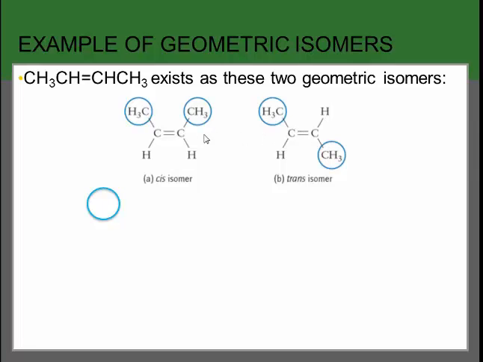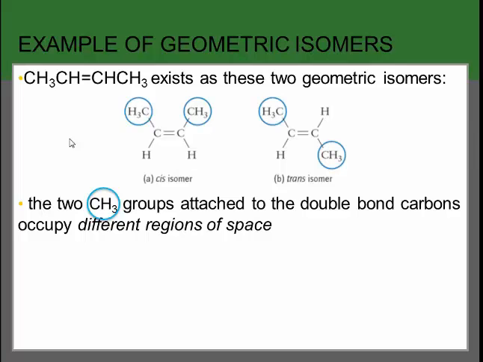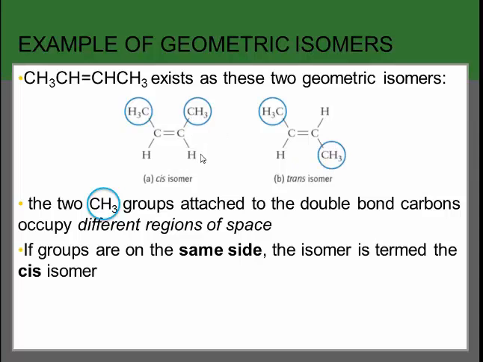These are 2 different isomers of this 4-carbon alkene. We have 2 methyl groups attached, and they occupy different regions in space. This one is the same. They're both in the up position, but in the cis isomer, this rightmost methyl group is up, and in the trans isomer it is down. They occupy different regions in space.